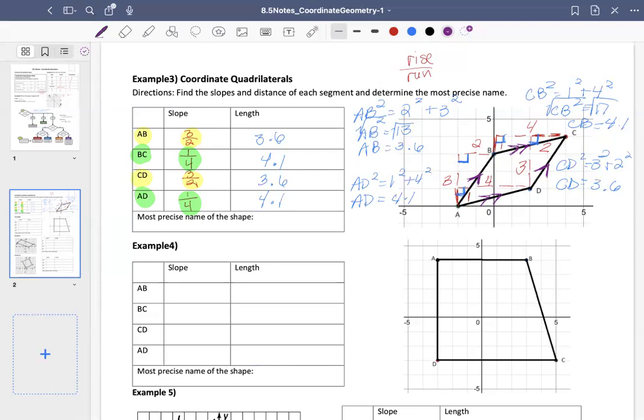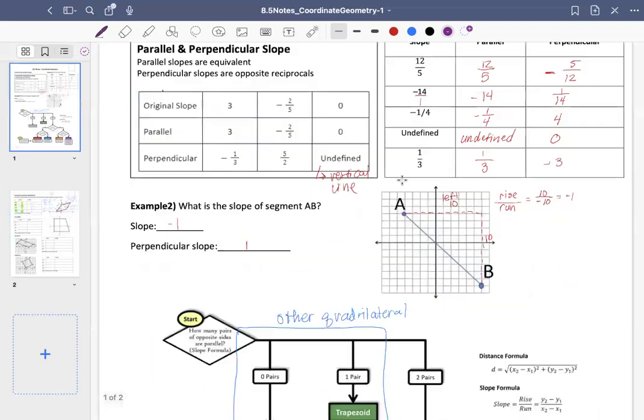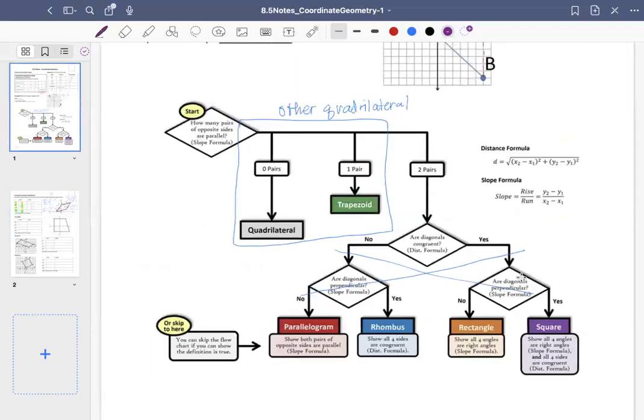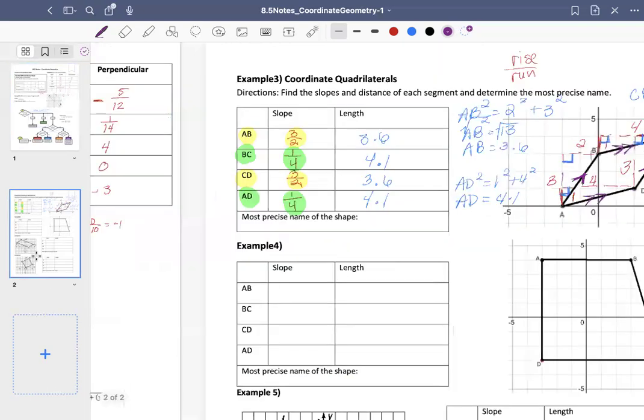Both of these slopes are positive, which means they wouldn't ever be opposite reciprocals, which means they will not be perpendicular to one another. So we do not have a right angle for this angle B here. Since we don't have all 4 angles being right angles, the most precise name we can give it is a parallelogram.